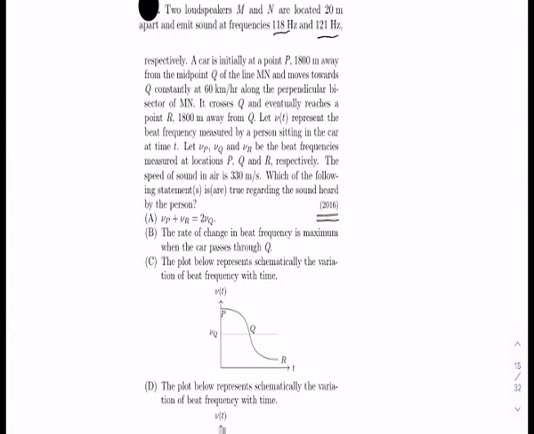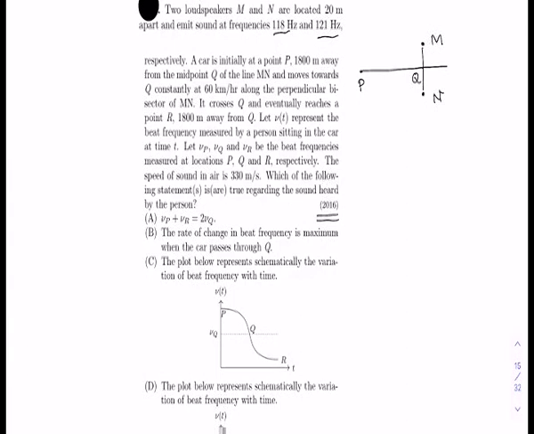Okay, let us understand the situation, what's going on here. We have two loudspeakers situated at M and N, and their distance is given to be 20 meter, and a car initially at point P 1800 meter away from the midpoint Q. So this is the situation.